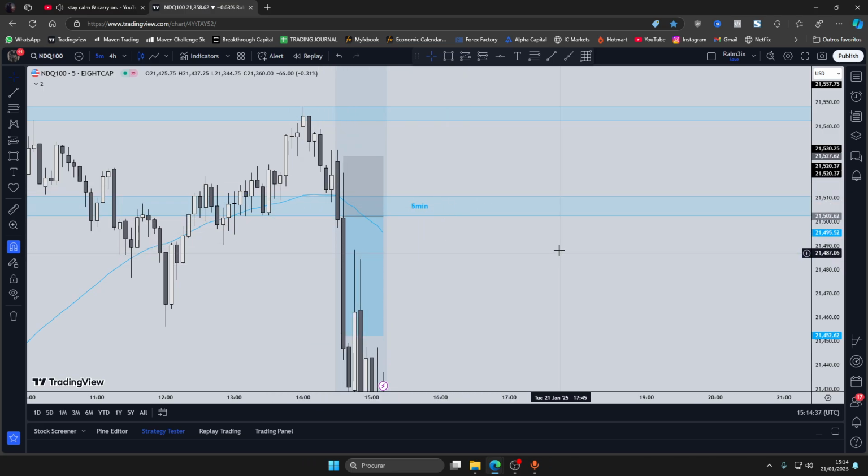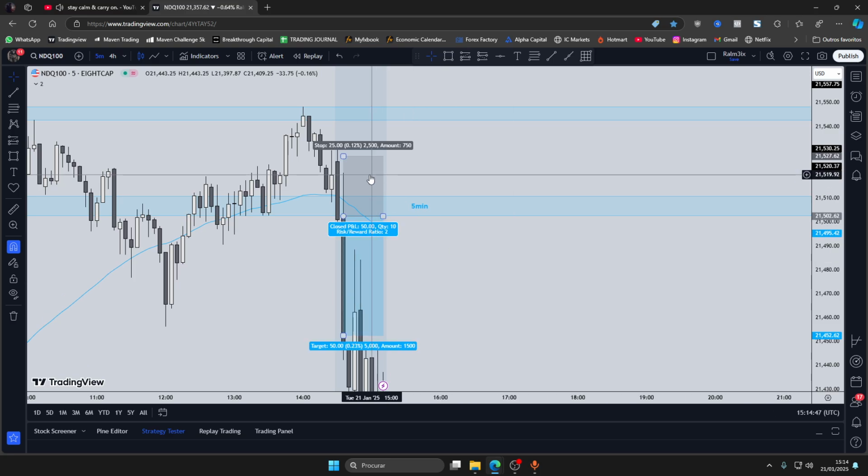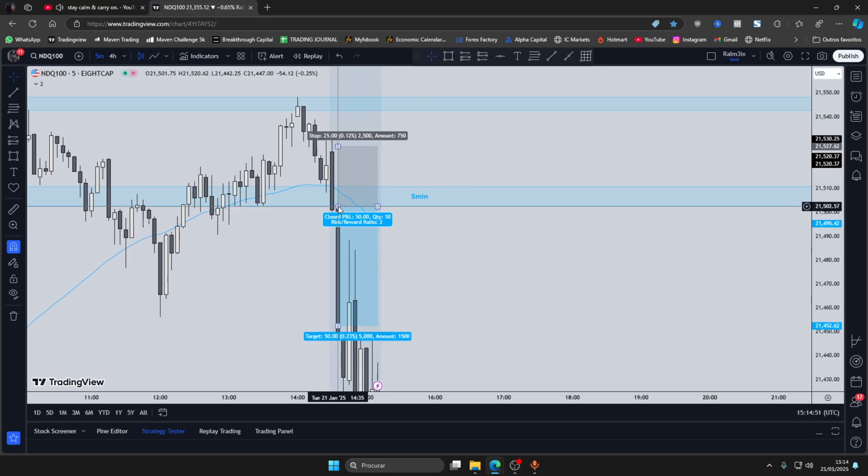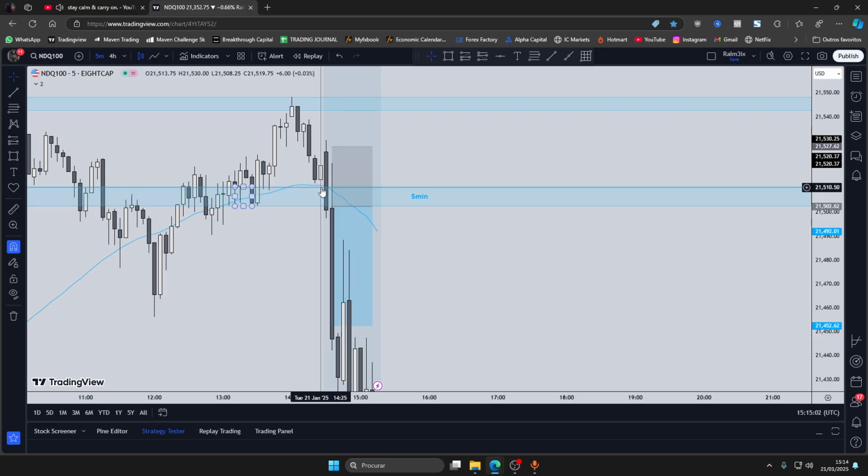So sells below the moving average and buys above the moving average, and I use fixed SL and fixed TP, so 25 SL and 50 pips TP. Price hit my limit order. It was a bit scary because price was in huge drawdown, but rejected the moving average.